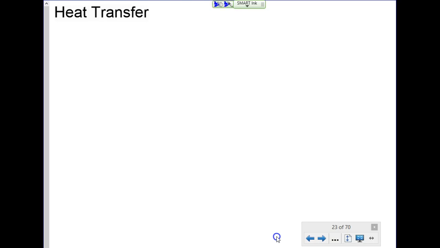When it talks about 25.0 to 10 degrees Celsius, is that a Q, an M, a C, a delta T? It is a delta T. Delta T is final temperature minus initial temperature.